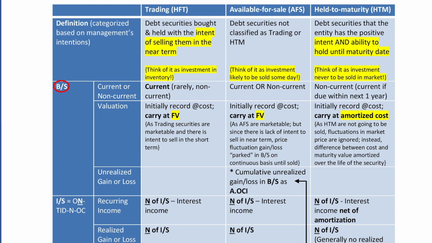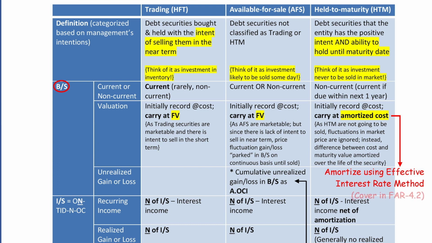So, if the investor purchased those held to maturity securities at a premium, the premium is amortized over the life of the security. If the investor purchased the held to maturity debt securities at a discount, that discount is amortized over the life of the security. Basically, draw an arrow and write amortize using effective interest rate method.